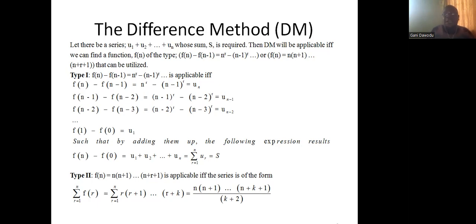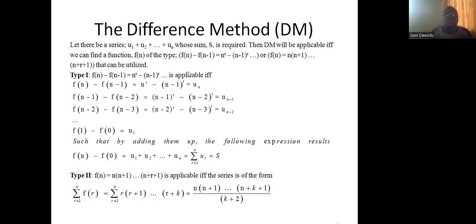You also meet it in discrete modeling. So if you have a series like that, you'll be looking for a function f of n that you can write in this way that will assist you.